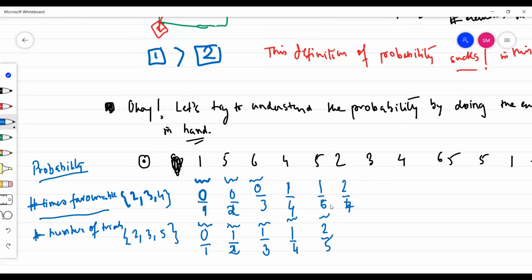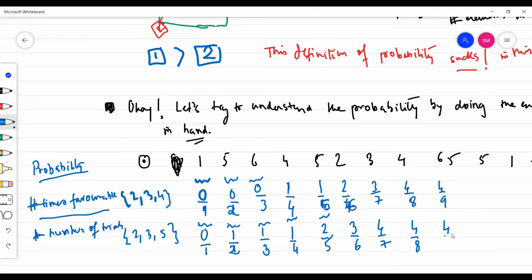And here it's 3 by 6. Here 3 again, so it's 3 by 7. Here it's 4 by 7. Here 4, so it's 4 by 8, and it's 4 by 8 again. Wait, it's 6 here, so it's 4 by 9.